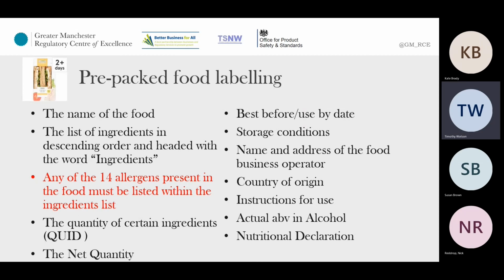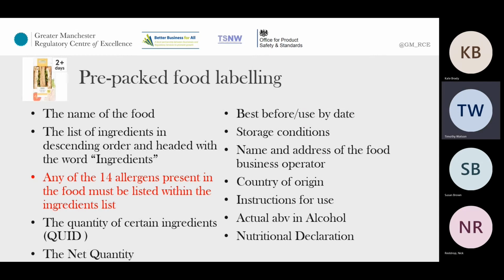So a reserved description applies for certain foods which have specific compositional criteria. So examples of these are things like sausage, burger, jam or honey. Some foods have what's called a customary name, and these are names that have become familiar with consumers over time. So for example, Bakewell tart or fish fingers.